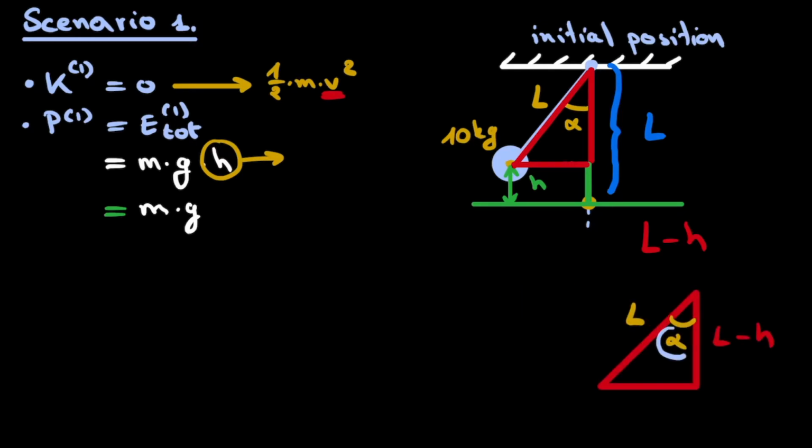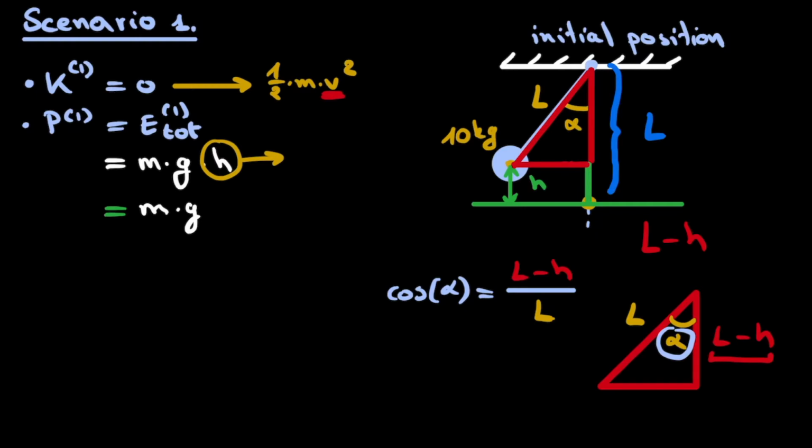Now doing some trigonometry on this angle right here, we find that the cosine of this angle is equal to the length of this side right here, so L minus h, divided by the length of the other side, so divided by L. And we see that we now have an equation that involves h, the parameter that we're looking for to get our potential energy, and the other terms all contain parameters of our system, namely L, the length of our pendulum, and alpha, the angle of our initial position.